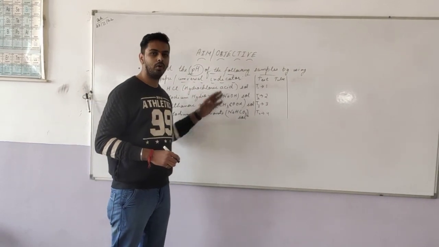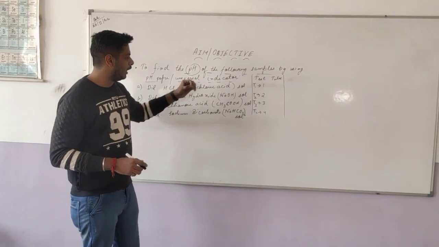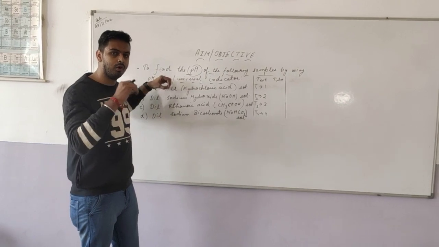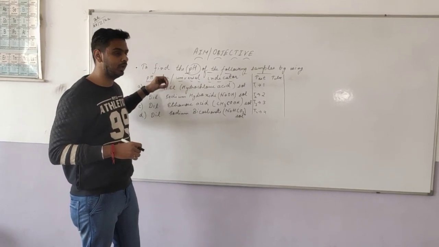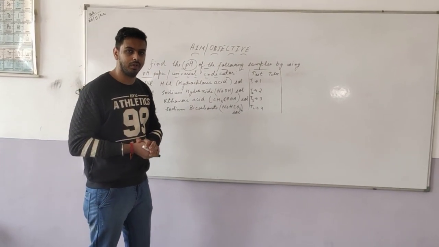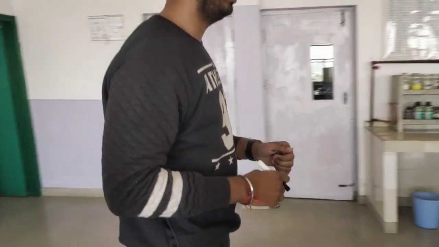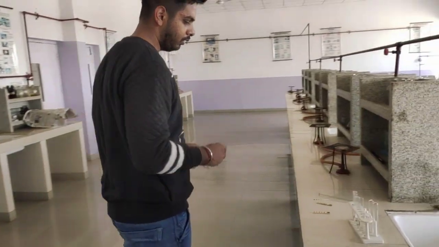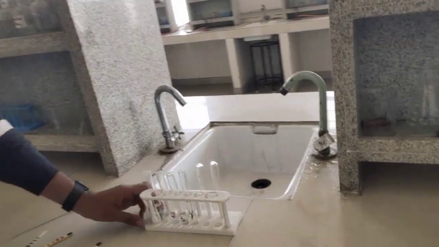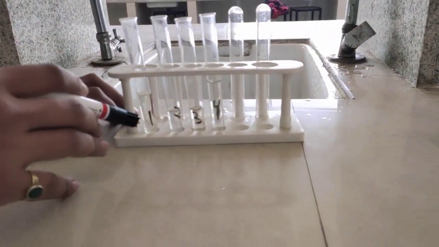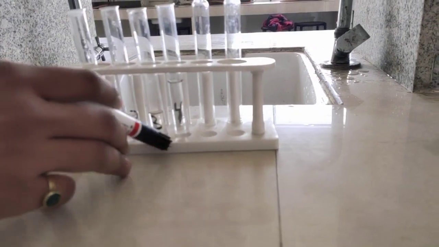Now I will take all these four samples and I will put some drops from each sample onto the pH paper, right? So let's see what will happen next. Here we go. Now we have four test tubes here. As you can see, I named these test tubes 1, 2, 3 and 4.